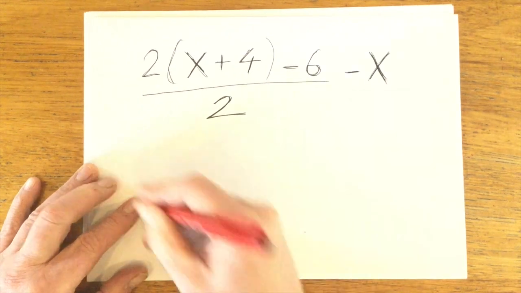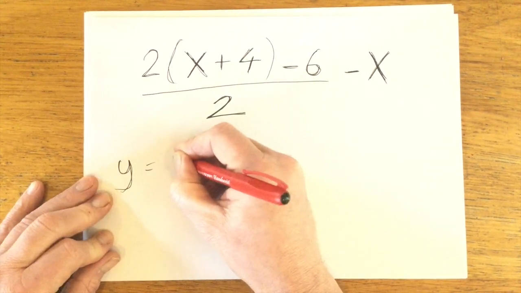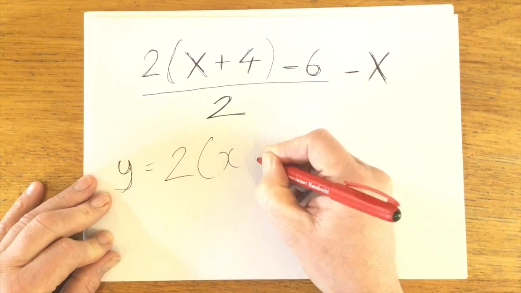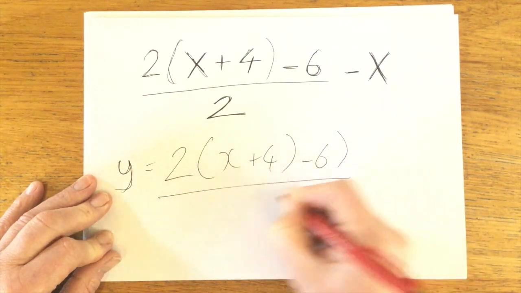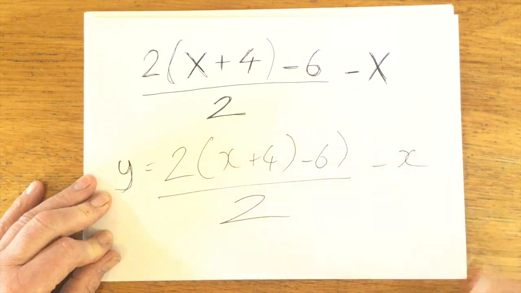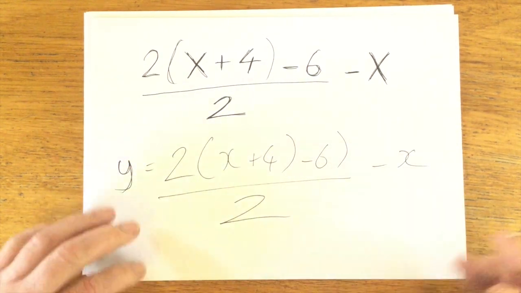So your final number would be, if we call it y, equals 2x plus 4 minus 6, divided by 2, minus x. So that's the equation you will use to be able to do your own ones.